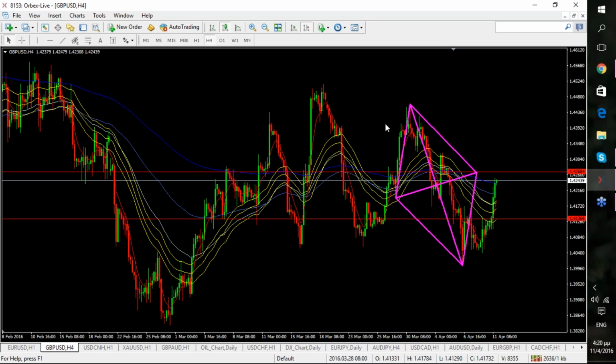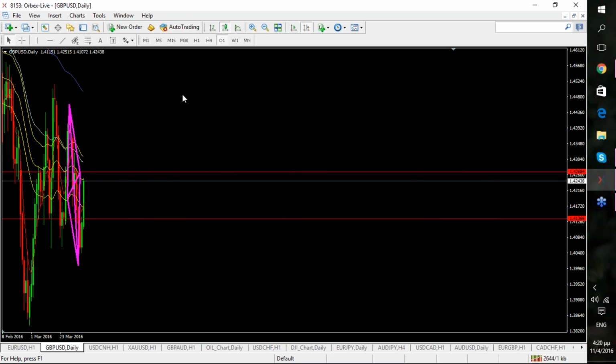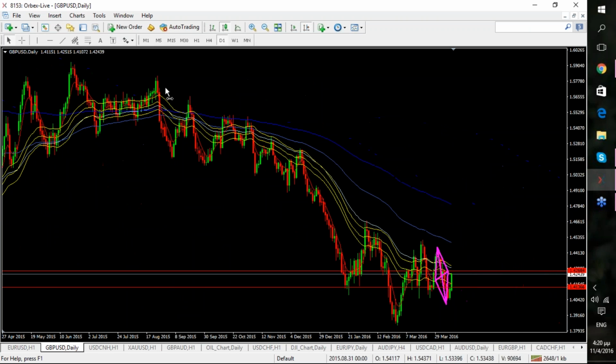Of course, if we look into the daily chart and look at the trend, it is still very much on the downward trend, but we are seeing prices at this moment appreciating from 1 hour to 4 hours.